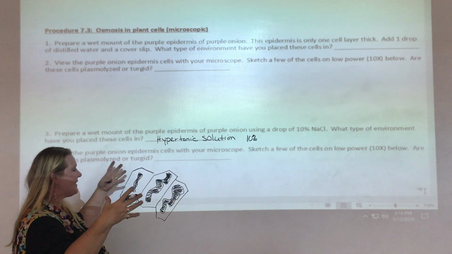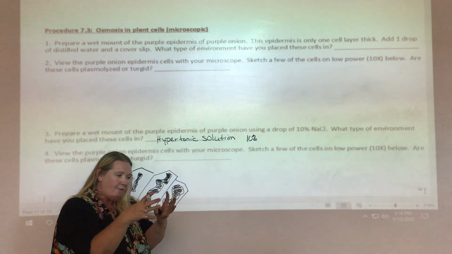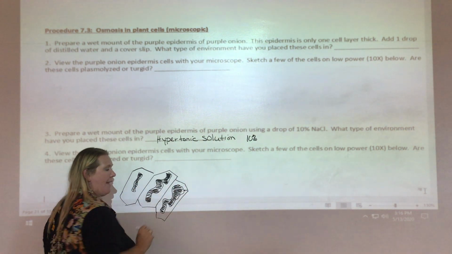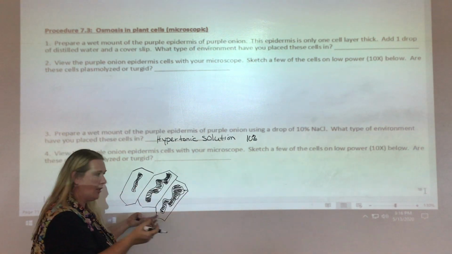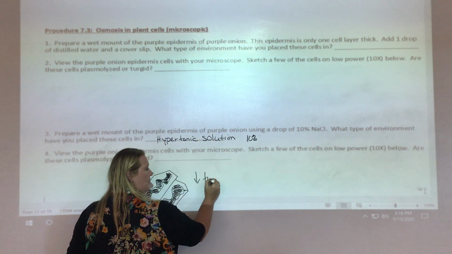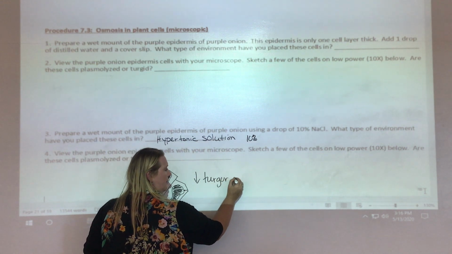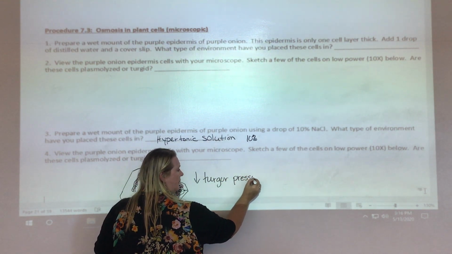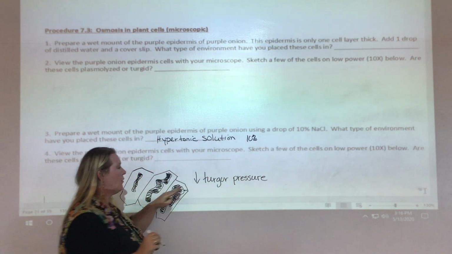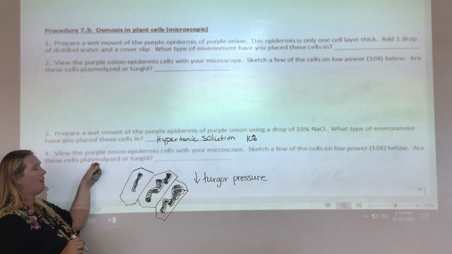So as that central vacuole pulls away from that cell wall, it lowers the turgor pressure. And when you lower the turgor pressure, it's called plasmolyzed.